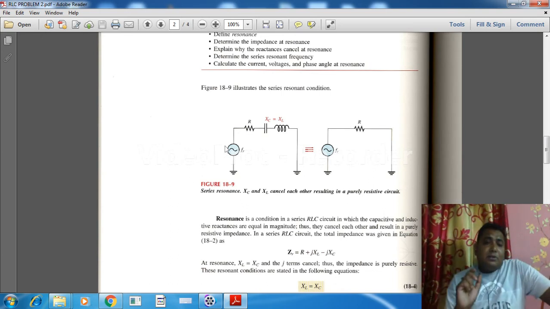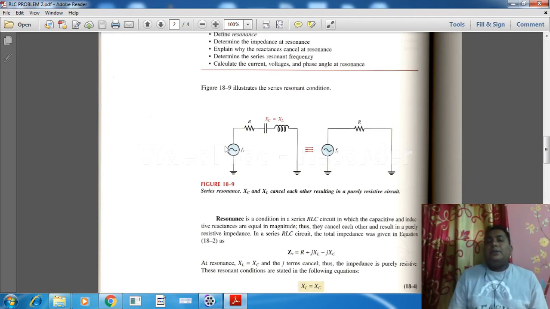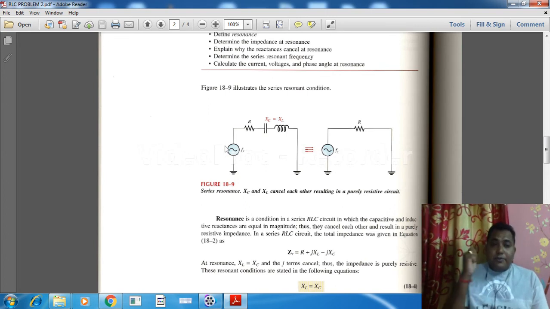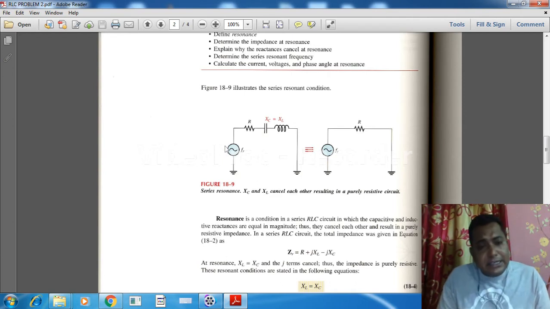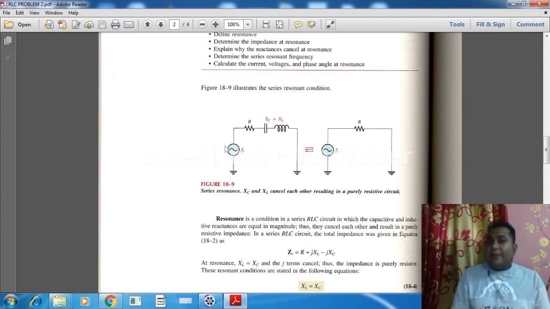In this source we have a frequency, which in the Indian standard scenario is 50 hertz. Now if by some means, like an audio frequency generator or another frequency changer, we change the frequency, the values of XL and XC will change, and at a certain point the value of XL and XC will be equal.